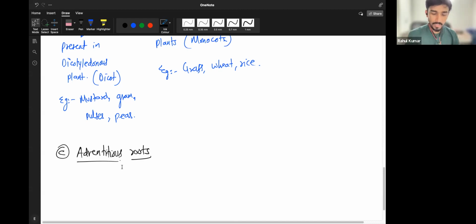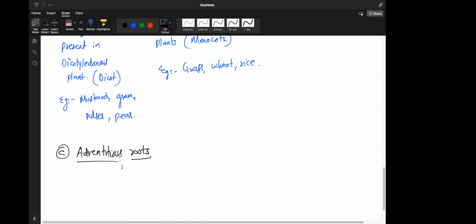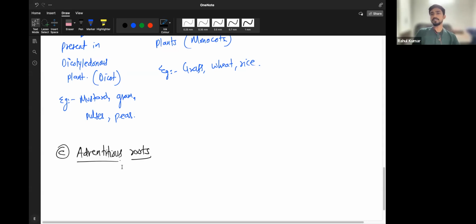And these roots are not formed from radicle, but from other parts. Just like you know about false fruit and true fruit. We will study about them when we come to fruits.